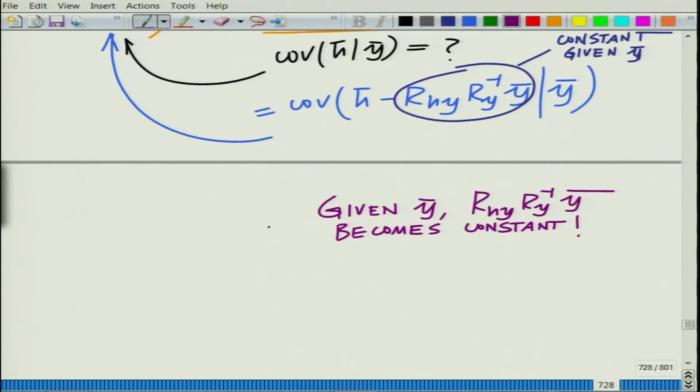And therefore, now you are simply subtracting a constant from h bar. Subtracting a constant does not affect the covariance or variance. Therefore, this is also equal to the covariance of h bar given y bar.